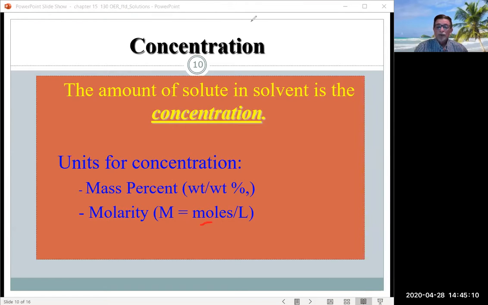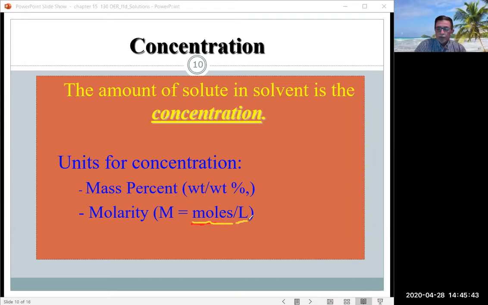So recall how we calculated moles. To calculate moles, you start with grams. You've got to divide by the molar mass. How do we calculate the molar mass? We add up all the atoms associated with that compound to give us the molar mass. And then the units in the denominator are liters.